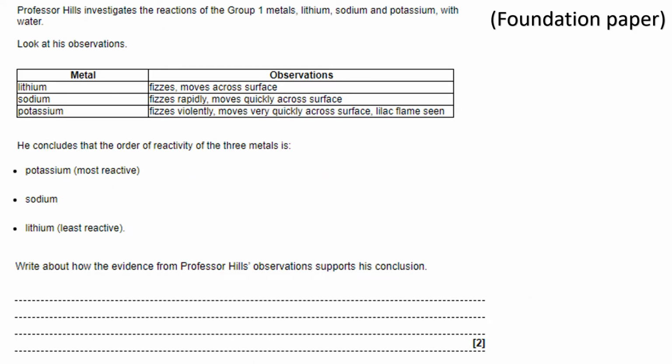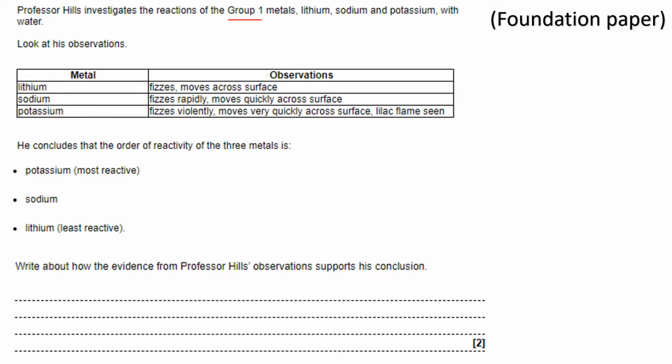Okay, here's another one from the foundation paper, slightly different. Professor Hill investigates the reactions of group 1 metals, lithium, sodium and potassium with water. Look at his observations. So lithium fizzes and moves across the surface. Sodium fizzes rapidly, moves quickly across the surface.